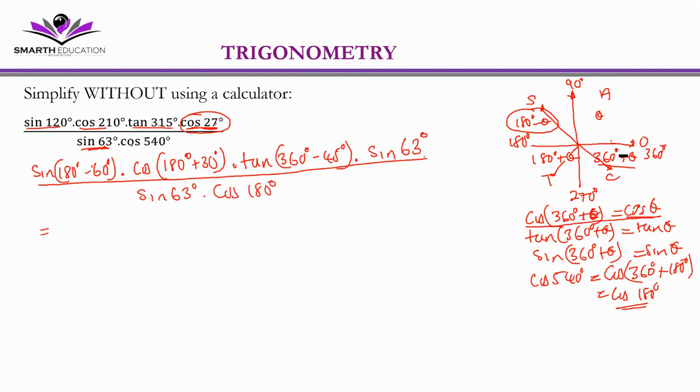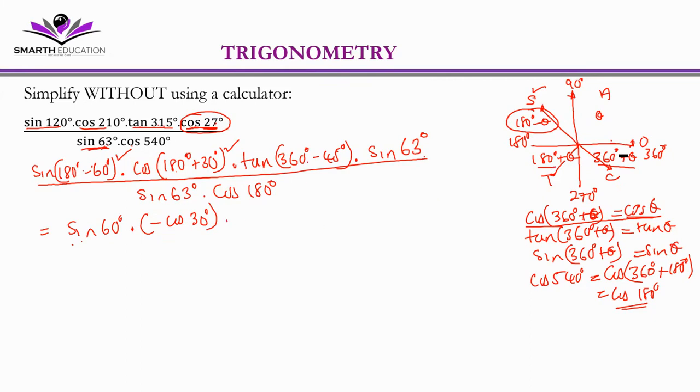Now let's reduce our angles. In the second quadrant, sine is positive, so this is sine 60 degrees. And then in the third quadrant, let's put brackets, negative cos 30. In the third quadrant, cos is negative.